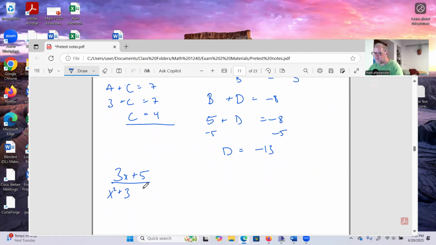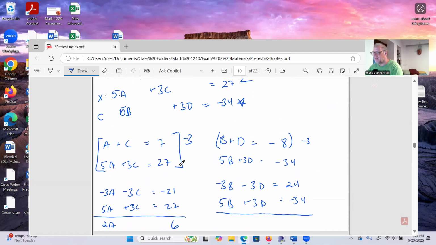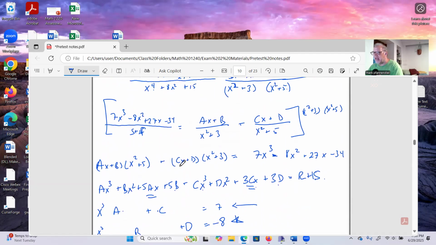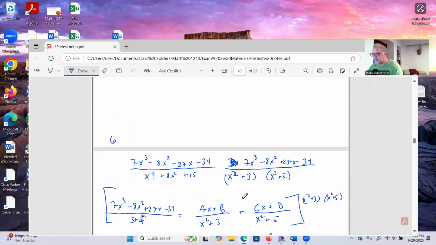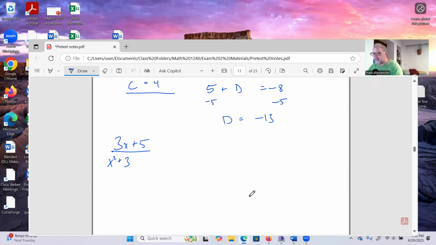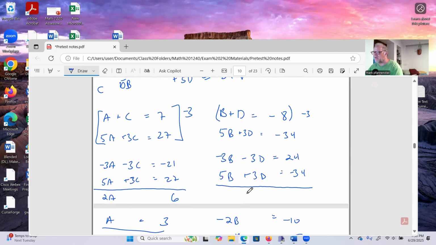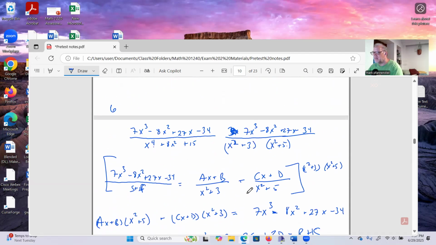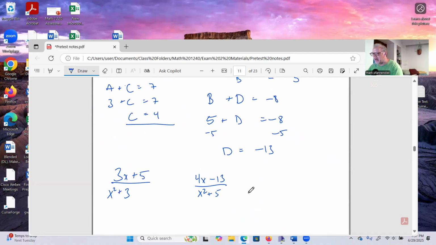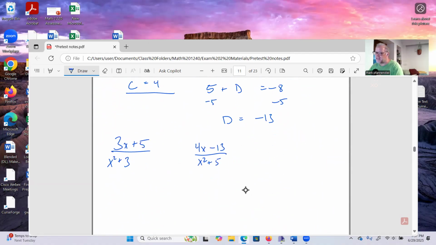So that's ax plus b. And then we have cx plus d. So let's put those together. My c was 4, so I have 4x minus 13 over x squared plus 5. And that was my other term, and that is my partial fraction decomposition for that problem.